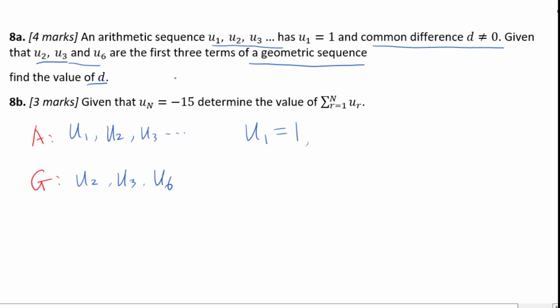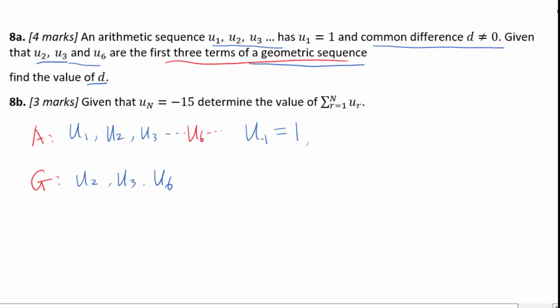According to the given information, u sub 1, u sub 2, u sub 3, u sub 6, and so on are an arithmetic sequence. U sub 2, U sub 3, U sub 6 are the first three terms of a geometric sequence.